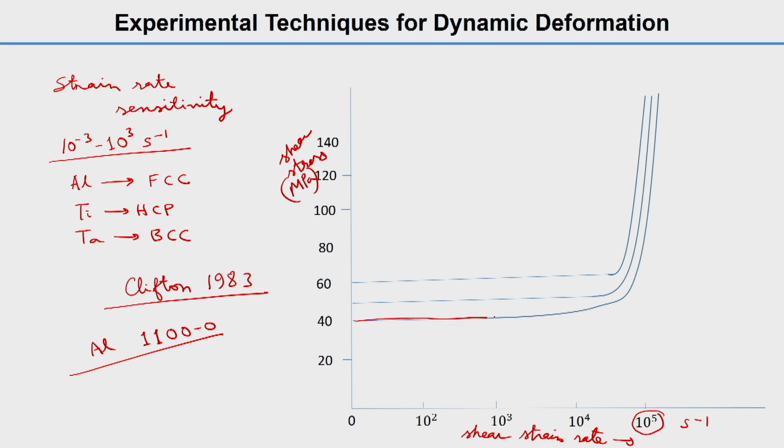The first one corresponds to a plastic strain gamma of 0.05, the second one is gamma equal to 0.1, and the third one is gamma equal to 0.15. This says that the shear stress is very high when it reaches a 10 to the power 5 strain rate.